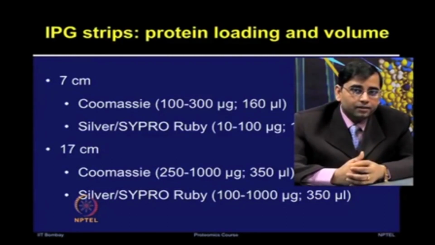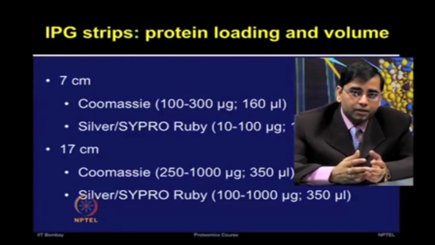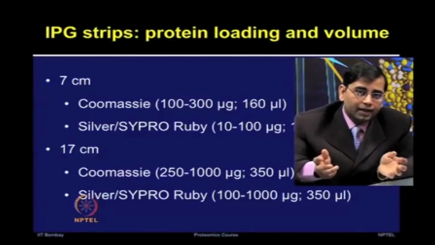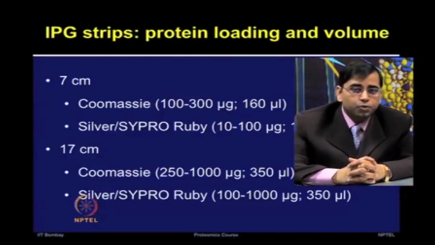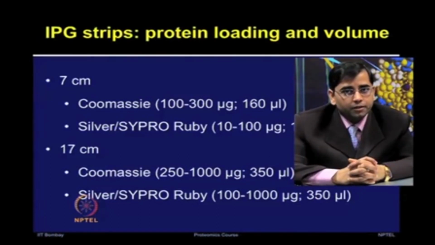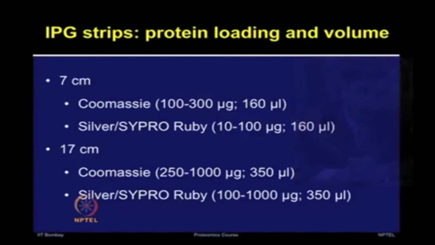One can also apply the large strip like 17 centimeter or 24 centimeter strip, but then you have to increase the protein amount to be loaded and separated on the IPG strip. For example, between 250 to 1000 microgram of protein can be loaded on the large strip, and one can visualize that by using Coomassie stain.